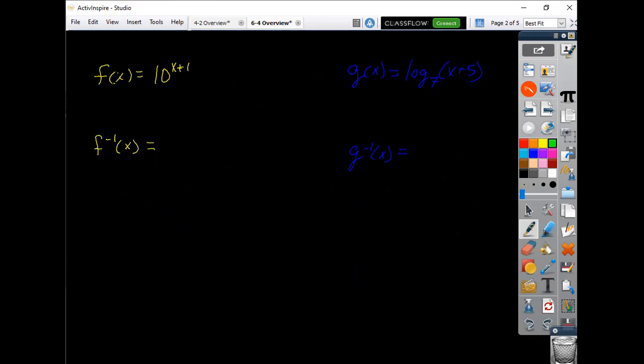All right, so continuing with that. If y equals 10 to the x plus 1, and we're supposed to find the inverse, remember that's where you flip your x and y around. And now you try to solve for the y here. So remember when your exponent has the y in it, we have to do a log. So this is log base 10, don't have to write it if it's base 10, of the x equals y plus 1.